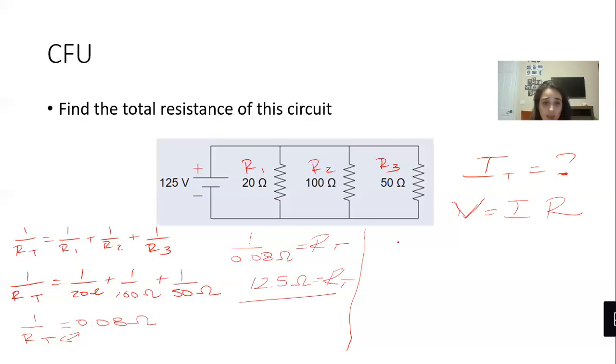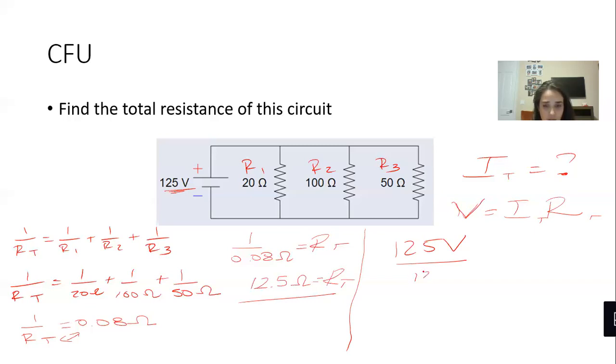Okay, so now let's find the current. We said that our voltage here is labeled right next to my battery, so that's 125 volts. And then I'm going to divide it by my resistance so that I can find out what my total current is. So I'm dividing this by the total resistance, which we'll label RT.